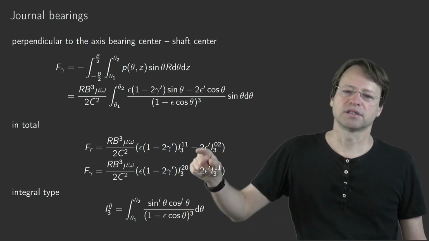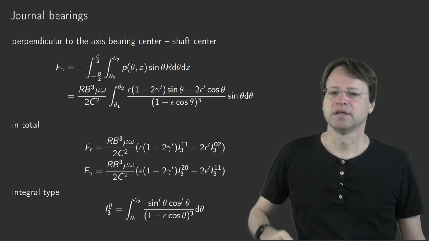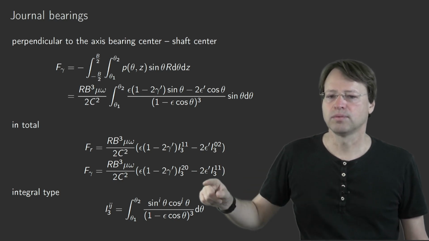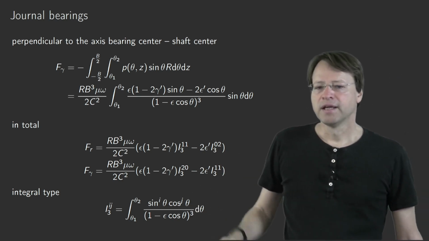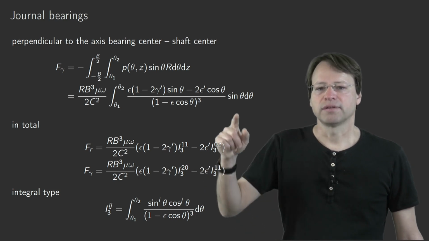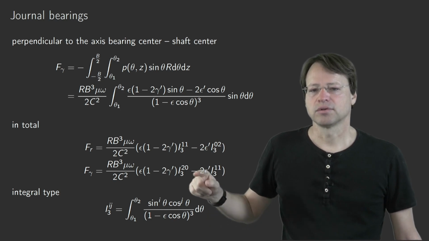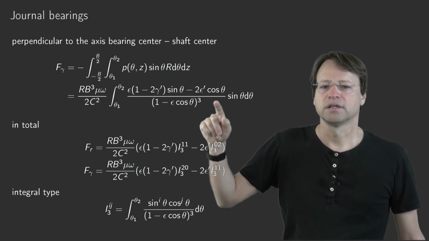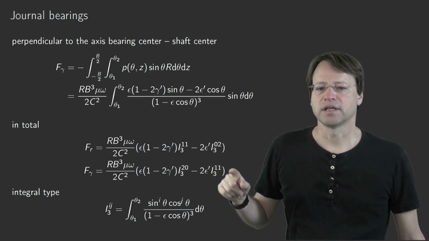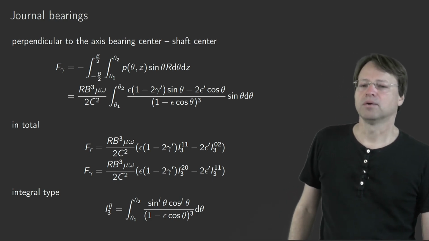For F_r in the radial direction you get the mixed term 1, 1, and you get the term 0, 2 with the second power, so cosine theta squared. And for F gamma, you get the term in sine squared, so 2, 0, and you get cosine theta sine theta, I subscript 3 and superscript 1, 1.